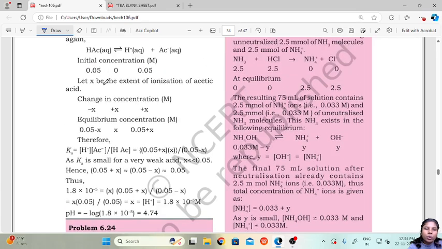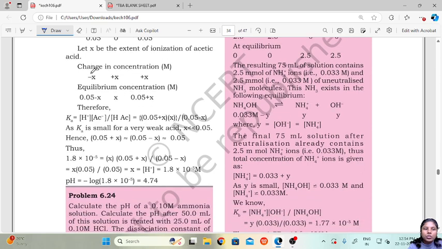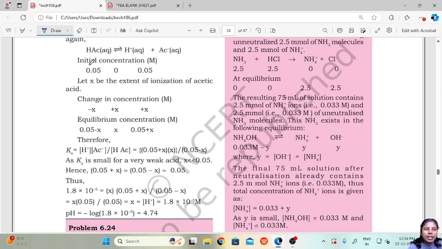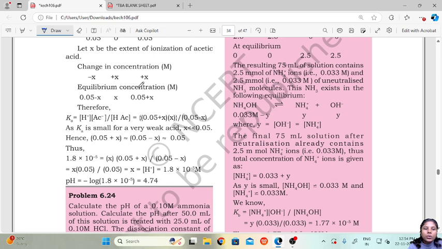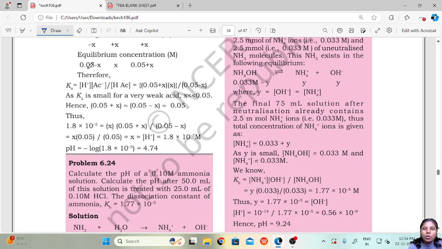Now let X be the change in the extent of ionization of the acid. So minus X, plus X and plus X. Why? Because the acetic acid is getting reduced, so a negative sign, and more and more of the ions are being formed, so a positive sign. So the equilibrium concentration will be 0.05 minus X and 0.05 plus X.